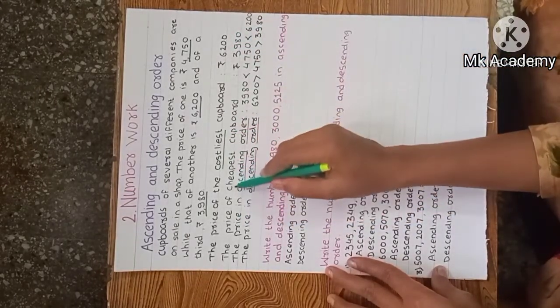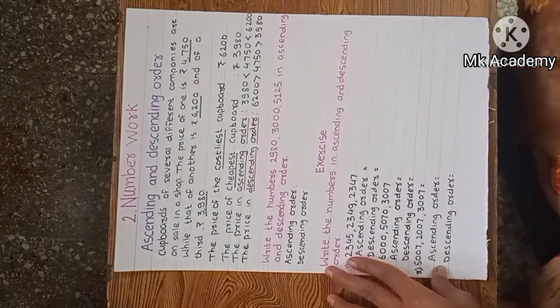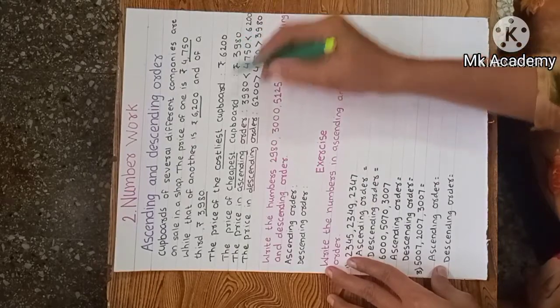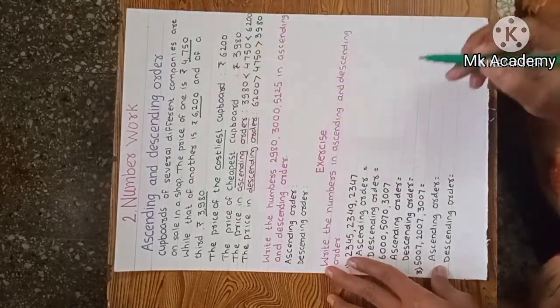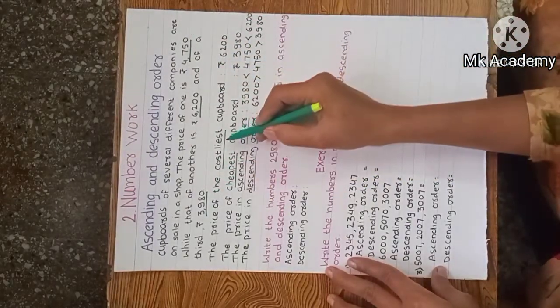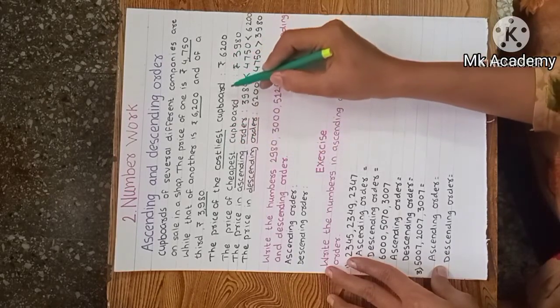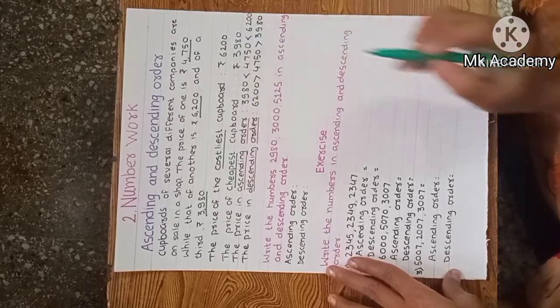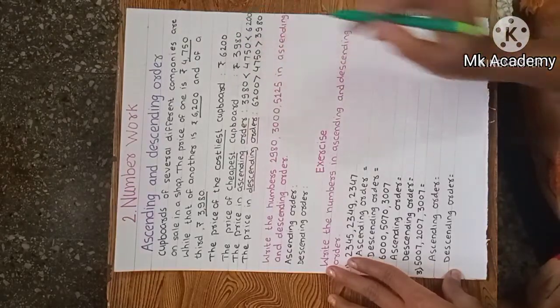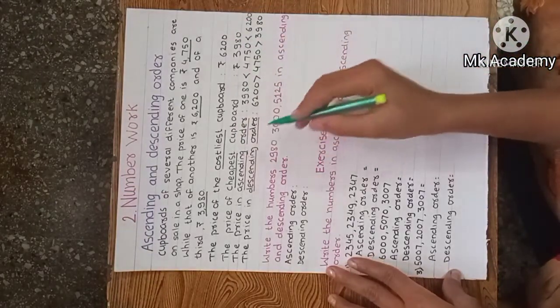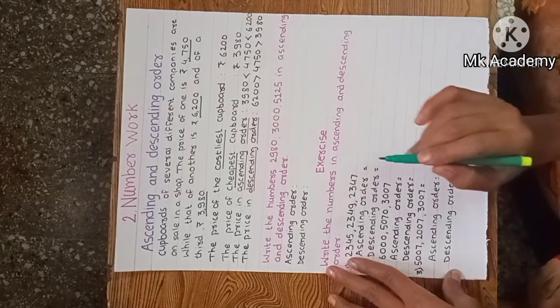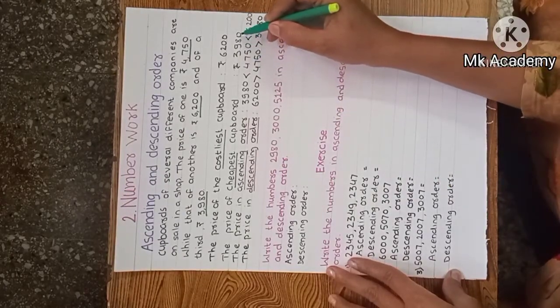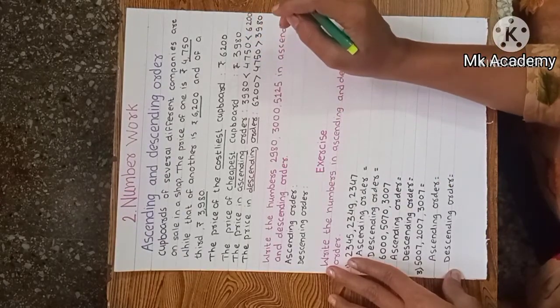The price of the cheapest, meaning the least price, is 3,980 among these 3 cupboards. Understood? First we write the costliest price, meaning the highest price, which is 6,200, and the cheapest, meaning the lowest price, which is 3,980.